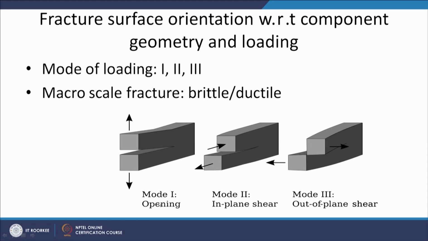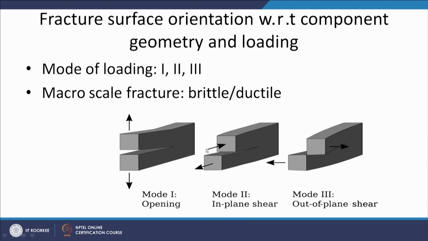This is the case of tensile loading, while in mode 2, the movement of one part of the component takes place in a direction parallel to the fracture surface, indicating in-plane shear.